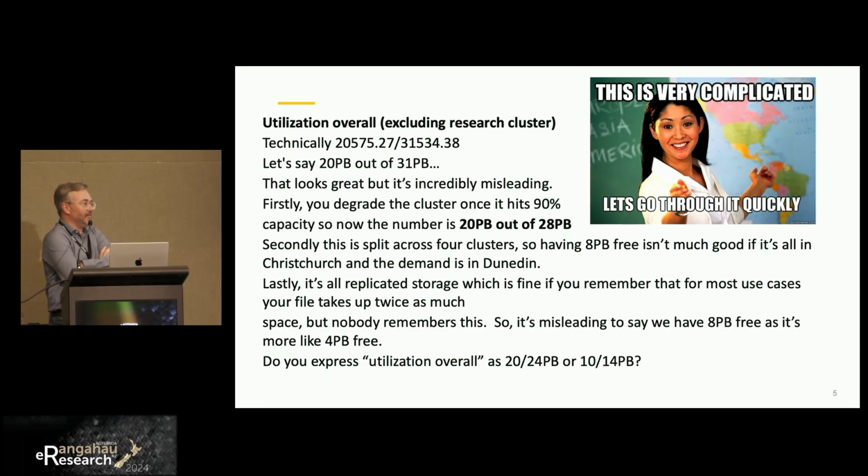But that does instantly basically double our costs because we have to have twice the size of storage for this. Okay, so it's misleading to say we have 8 petabytes free when it's more like 4 petabytes free. So as I said down there on the bottom, you could say it's either 20 out of 24 is in use or 10 out of 14 is probably more realistic for what the university has.